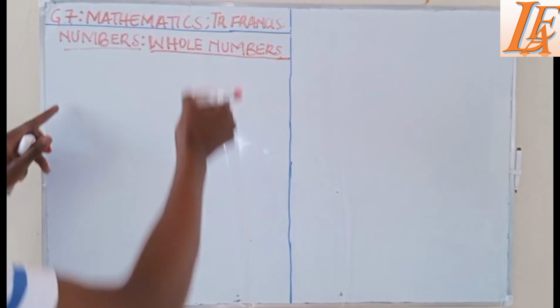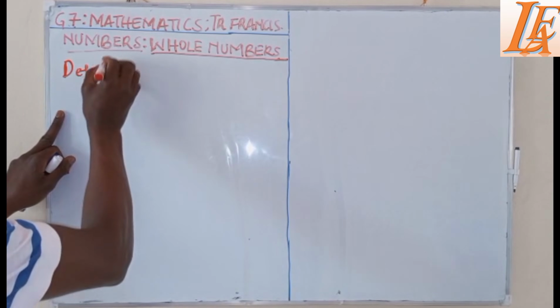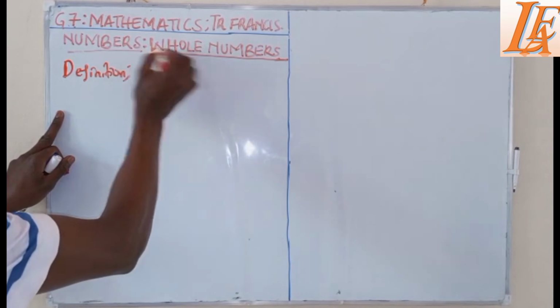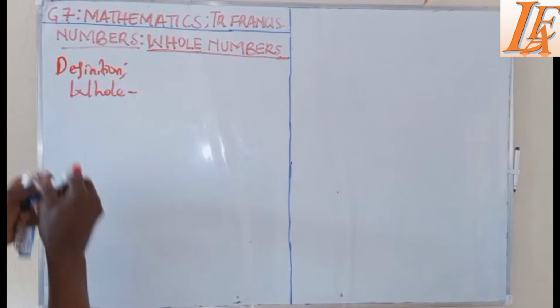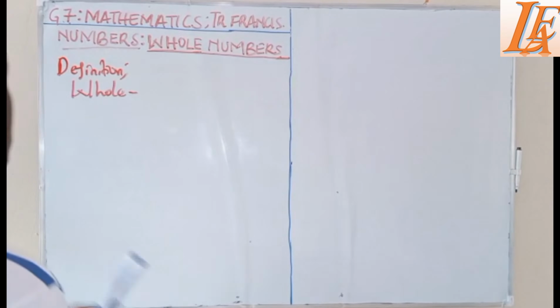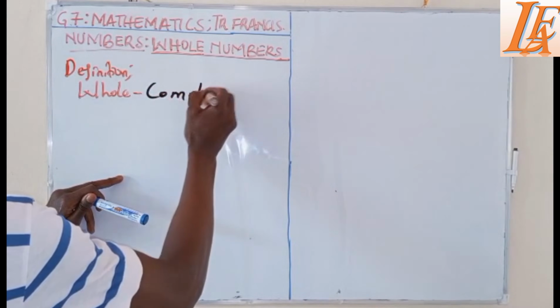We'll start by defining what are whole numbers. The word whole means complete.